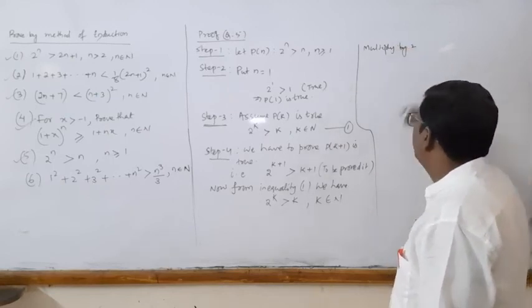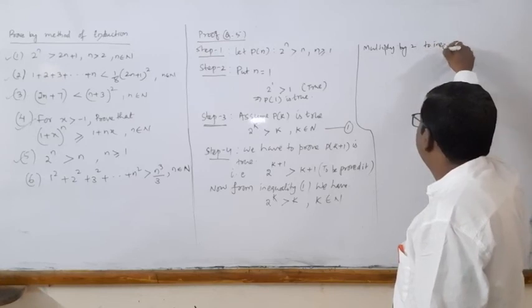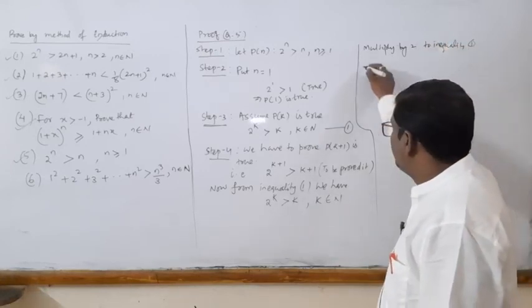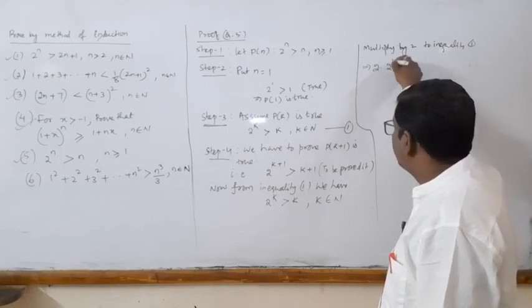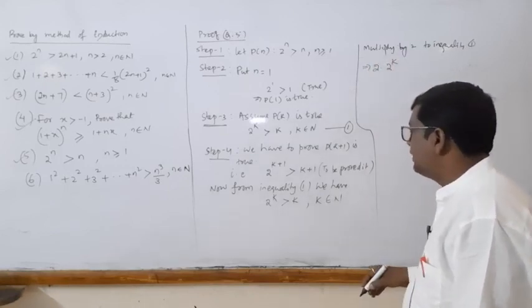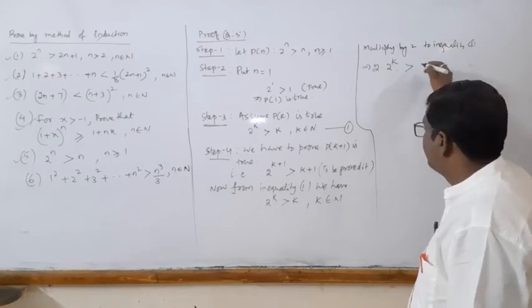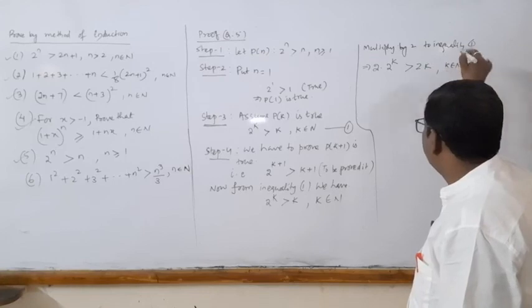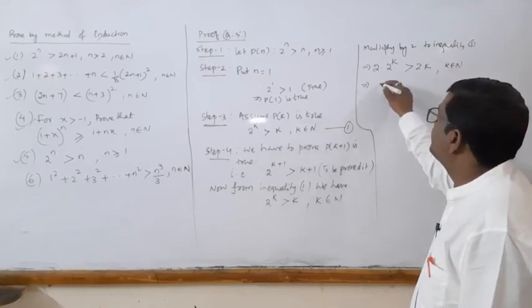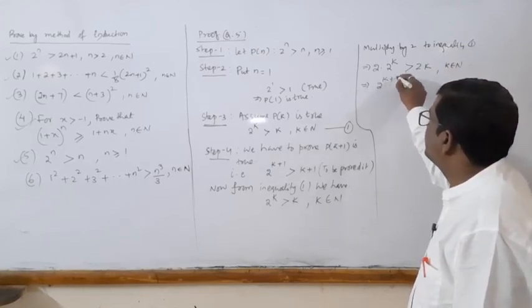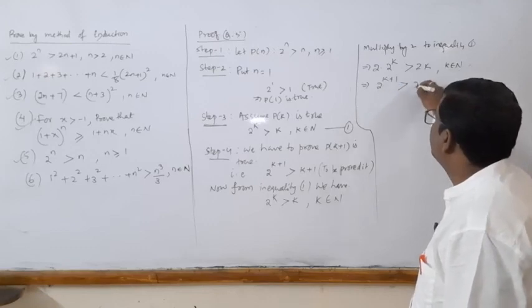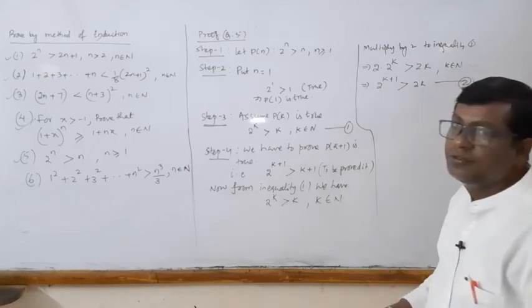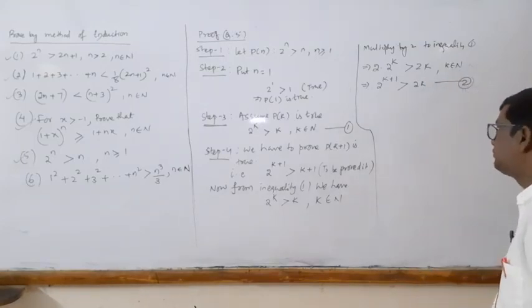So what is here? 2 into 2 to the power k greater than 2k for k belongs to N, and that is 2 to the power k plus 1 greater than 2k. This is inequality 2.